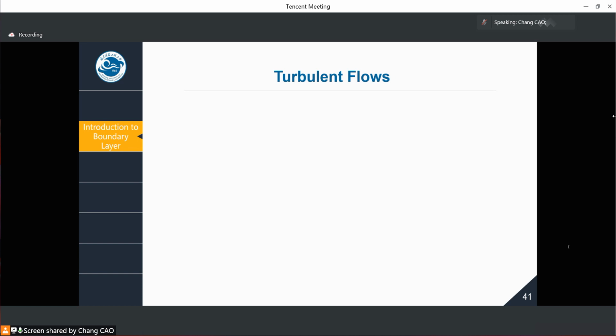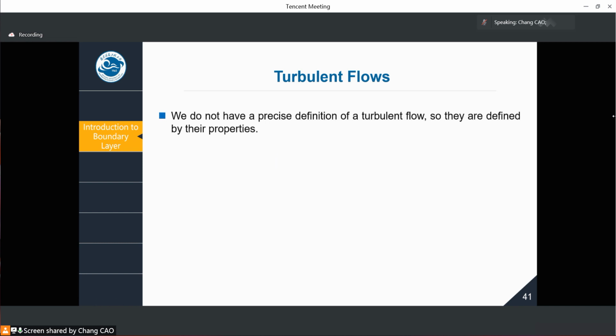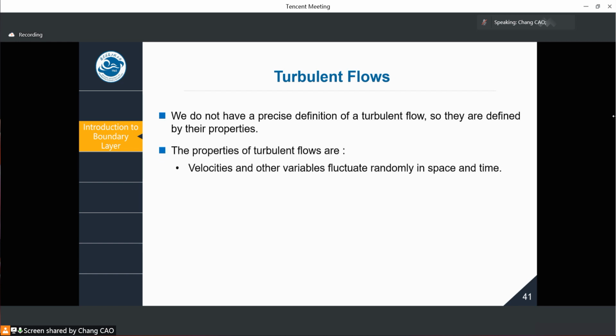Okay, so firstly, we do not have a very precise definition of a turbulent flow, but we can list several of their properties. Firstly, velocities and other variables fluctuate randomly in space and time.